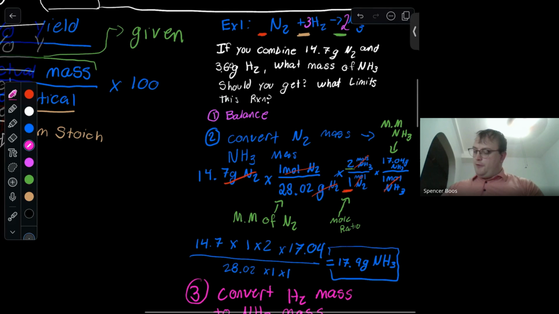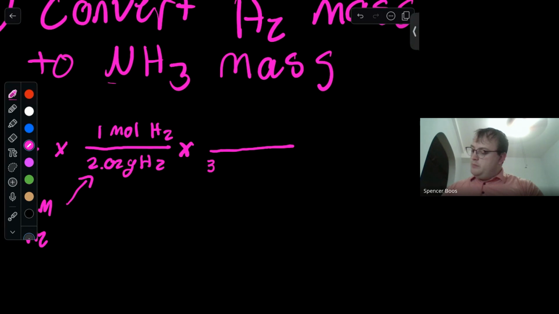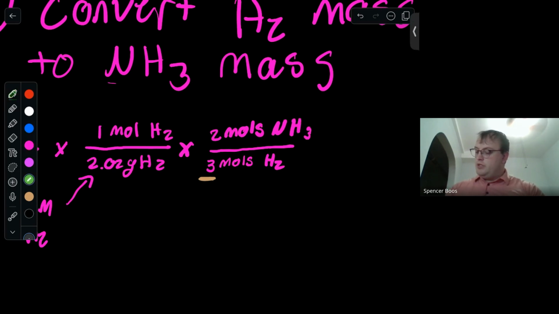We see that for every 3 moles of H2, which again comes from the 3 in the equation, we get 2 moles NH3. So far, so good. Right, we're on the right track. This is great.